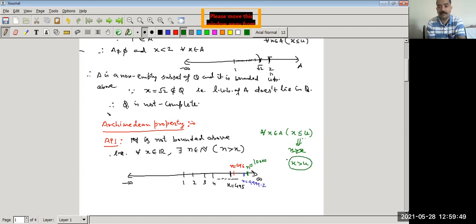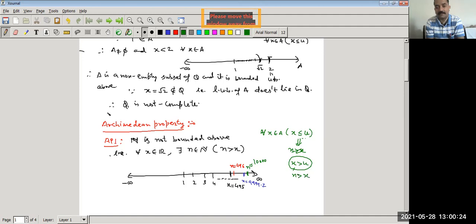Here, in place of u we are considering x, and in place of x we are taking n. We are not able to find any natural number that bounds it; you could choose any real number, and we are not able to find an upper bound of the natural numbers.